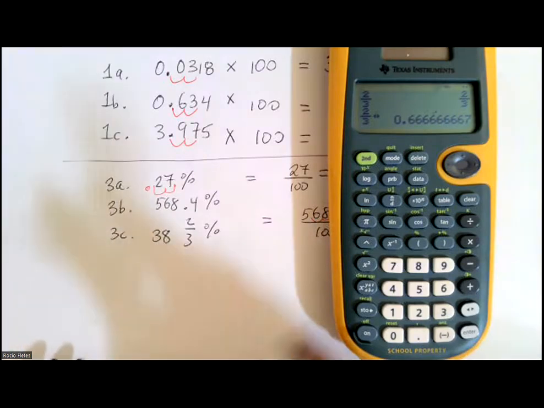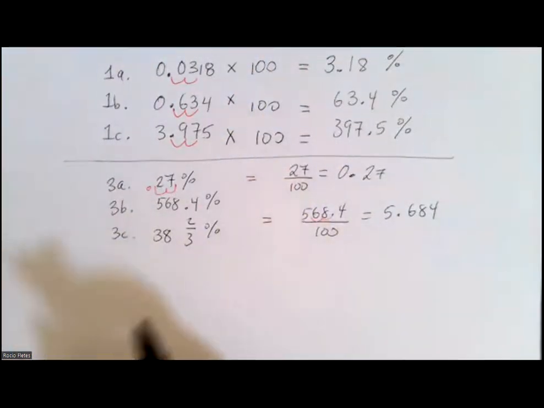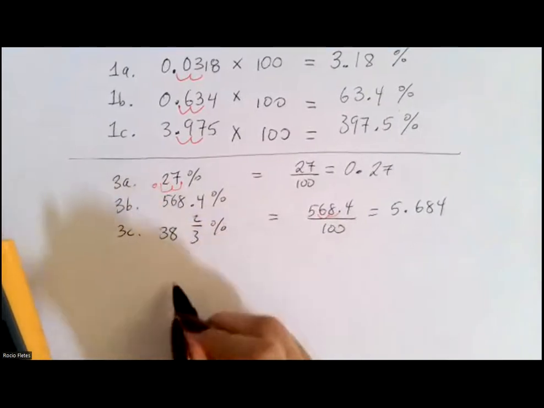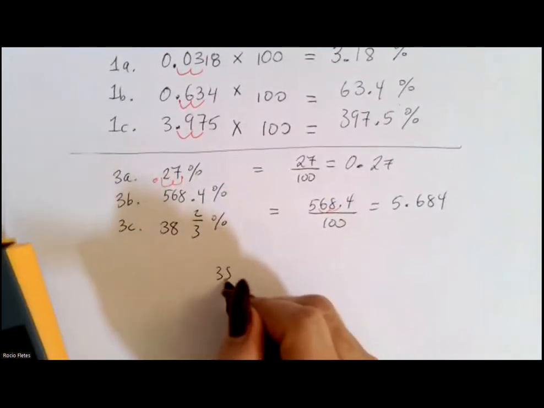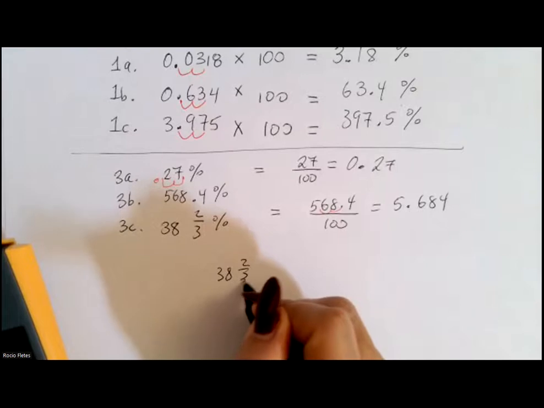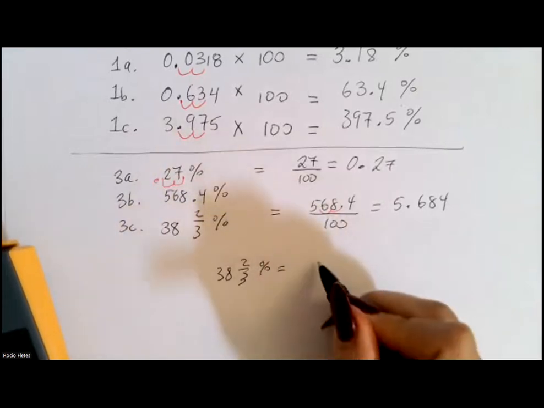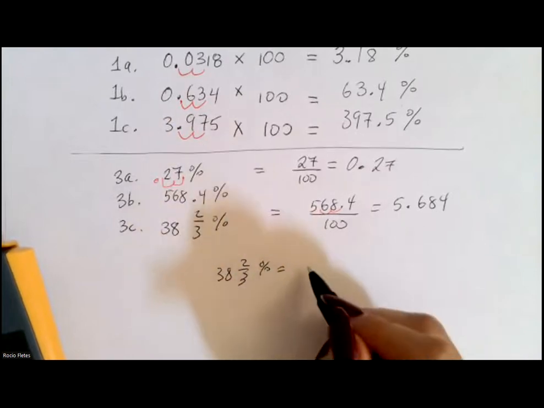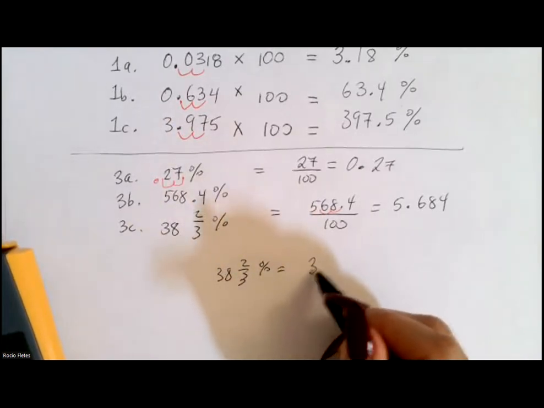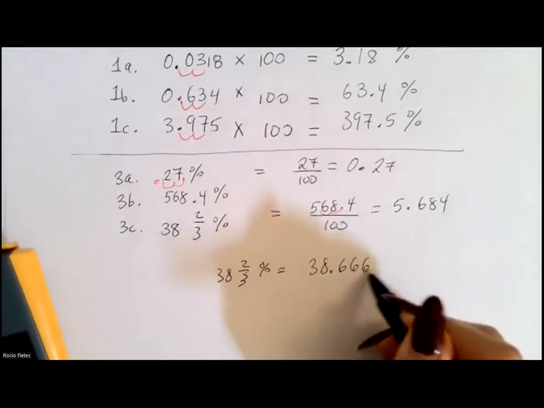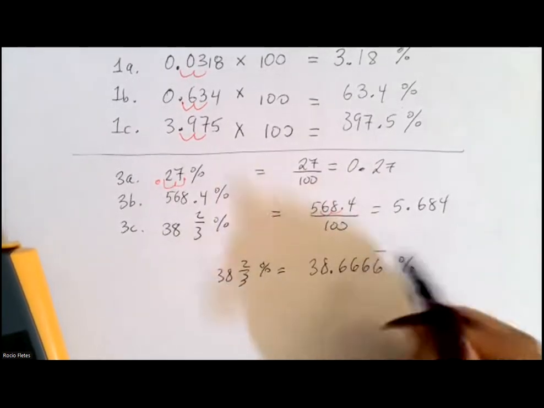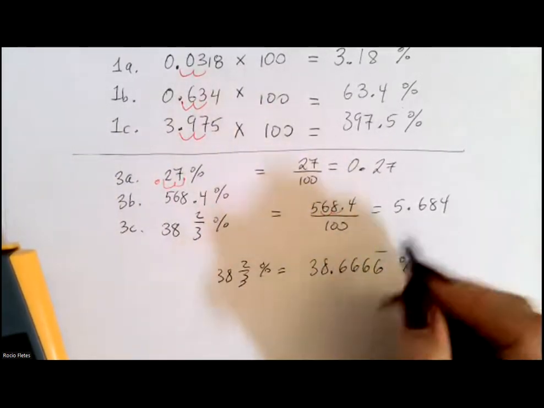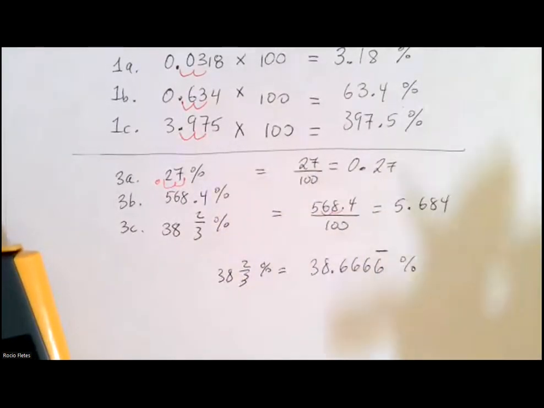I'm going to write it right here so you can see. So 38 and 2/3%, you can write this as 38.6666%, right? If I put this line on top of the 6, it just means it repeats.